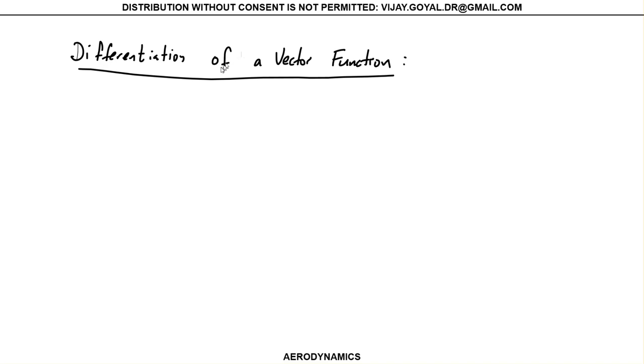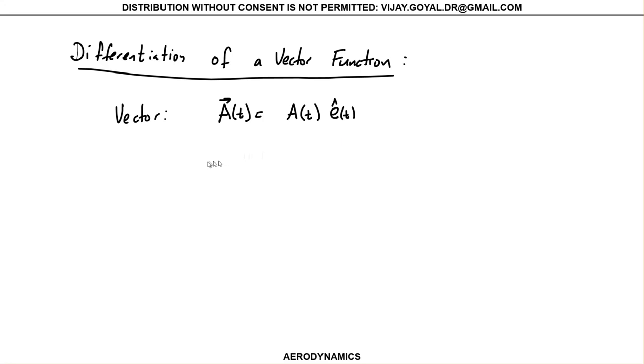Okay, so let's consider a vector of the following form. Let's suppose I have a vector A. This vector A is a function of the magnitude A, and it's in the unit direction e_t. Let's suppose they're both functions of time.